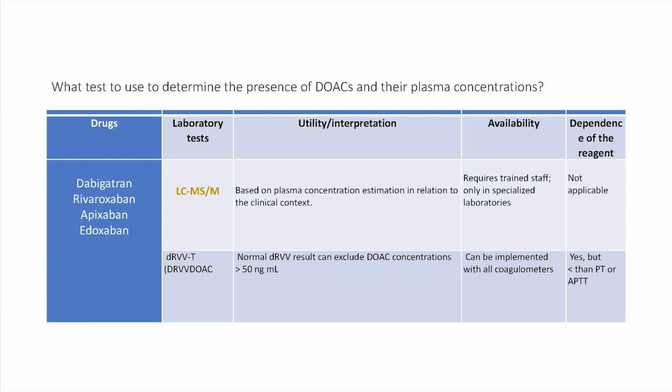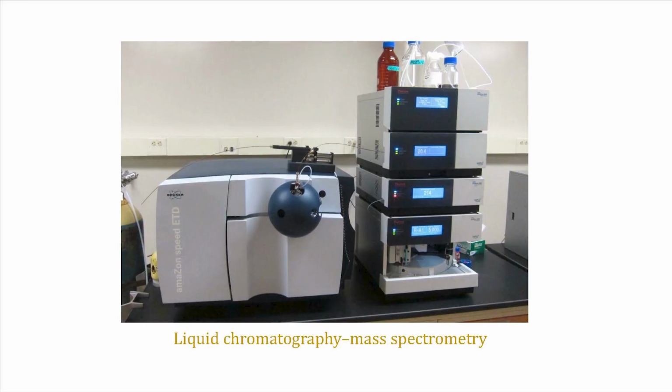It is used for research purposes and is not available in an emergency situation. A normal dRVVT result can exclude the presence of DOAC concentration of more than 50 nanograms. Mass spectrometry is usually considered the gold standard for assessment of direct oral anticoagulants.